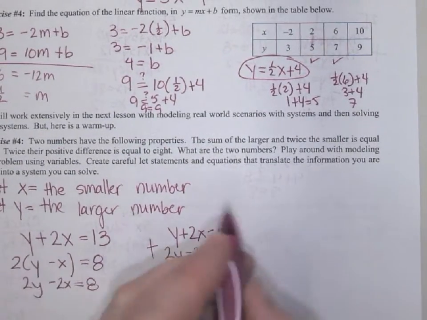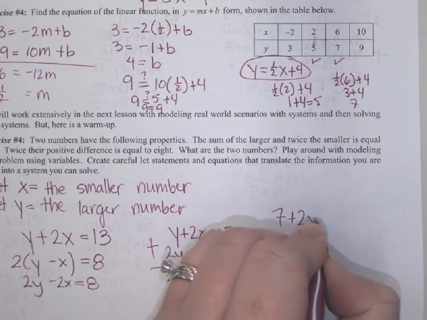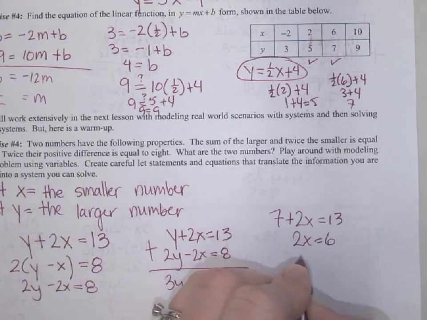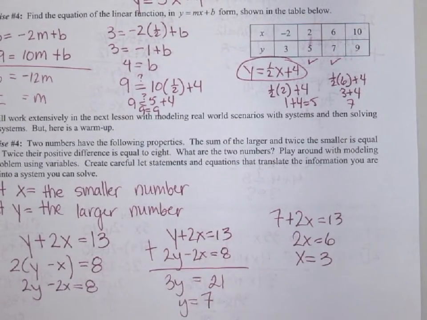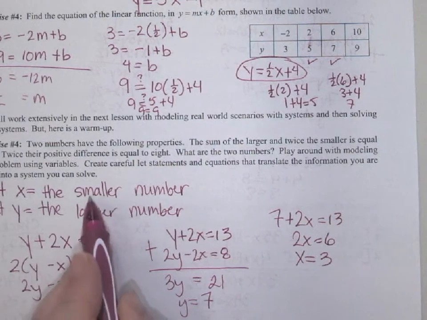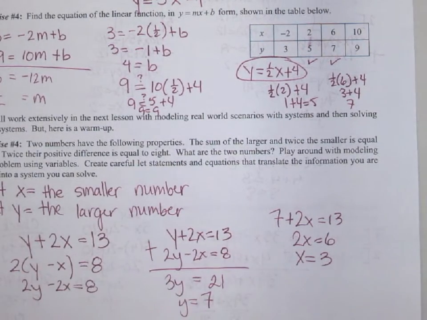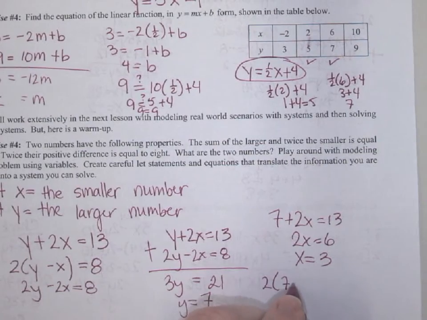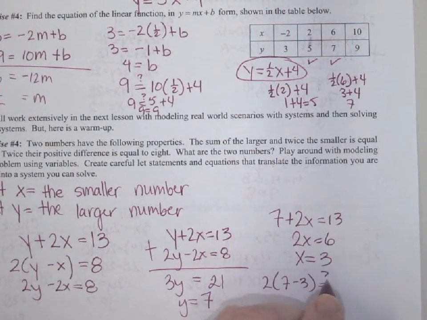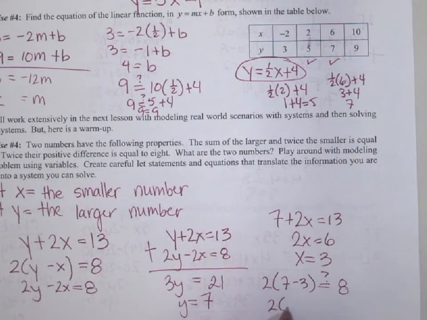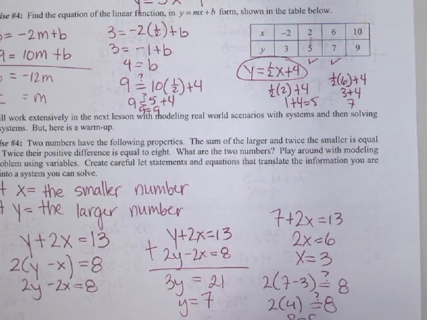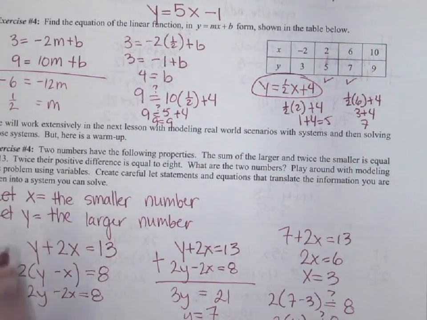If y is 7, then 7 plus 2x equals 13. x is equal to 3. So 7 is larger, 3 is smaller, is twice their positive difference equal to 8? Yes.